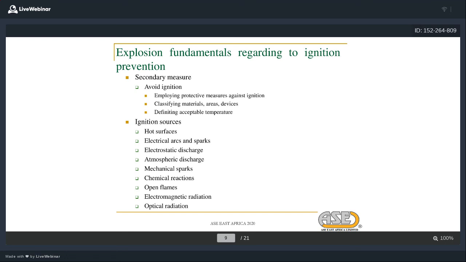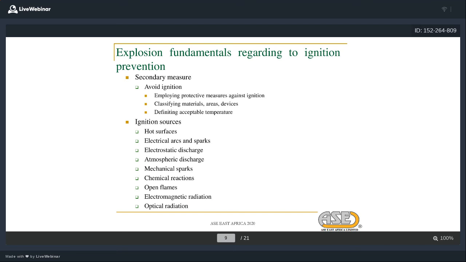Electrical arcs and sparks mostly happen in most industries. People blame arcs and sparks, they can cause explosion. Atmospheric discharge, this is lightning.